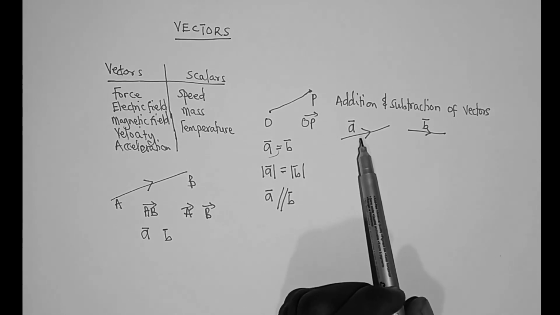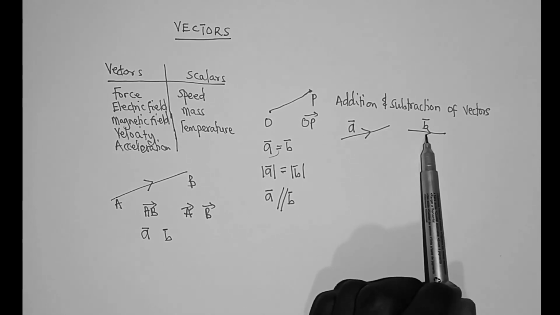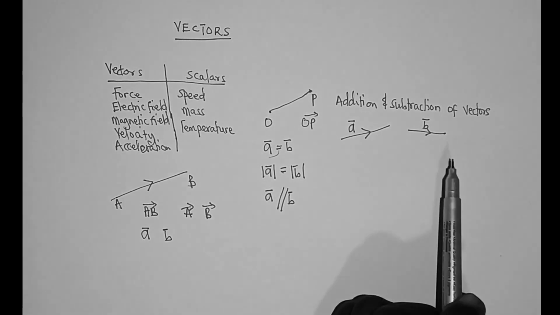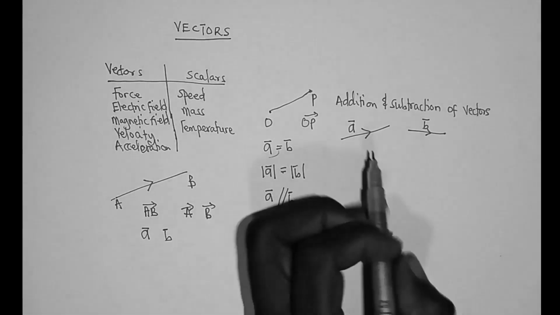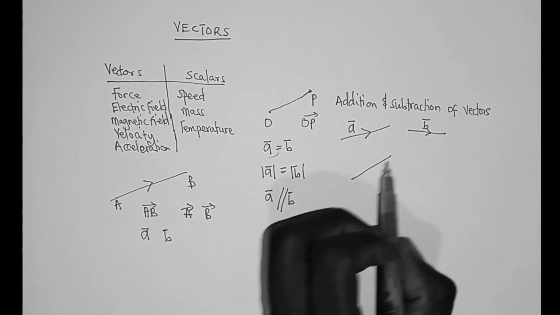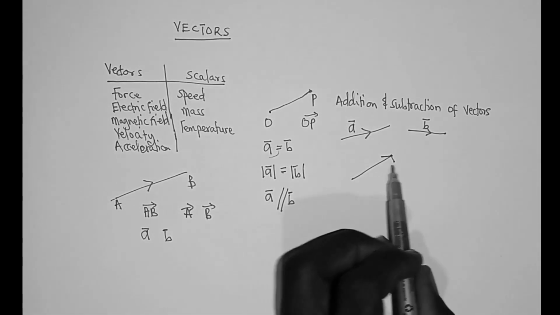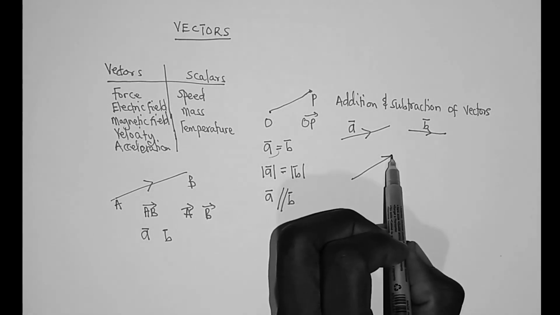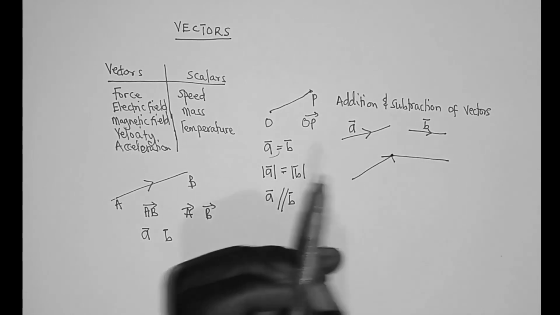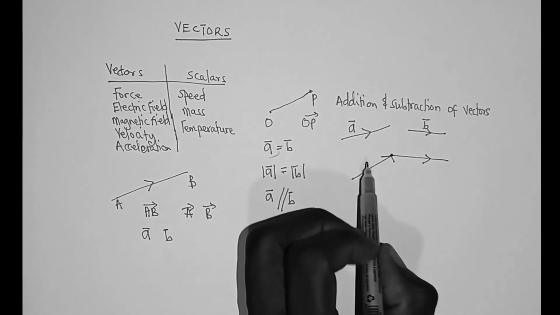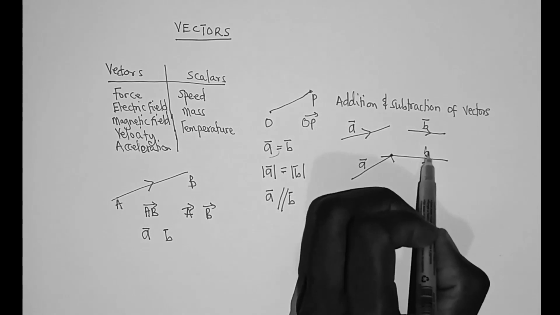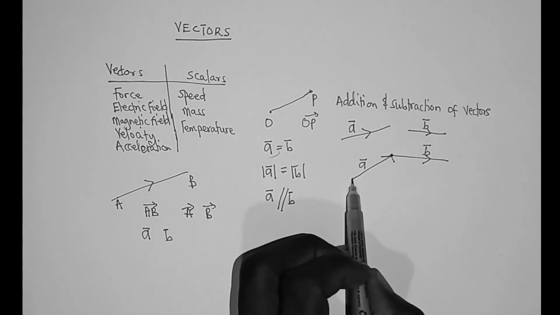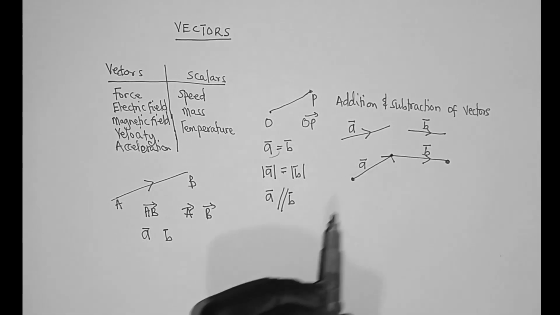Where the head of A is, you start vector B by putting the tail of vector B at where the head of vector A is. So this is what I mean. Vector A is in this form, so the head of vector A ends here. You start vector B by putting the tail of vector B at where vector A ends. So this is vector A, and this is vector B. So we are moving from maybe this point to this point.